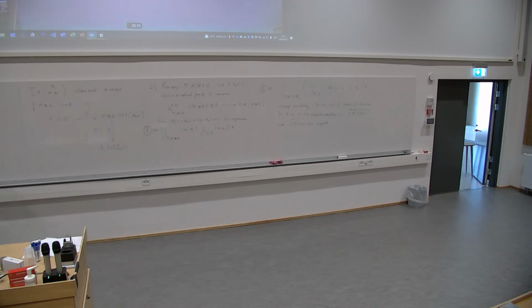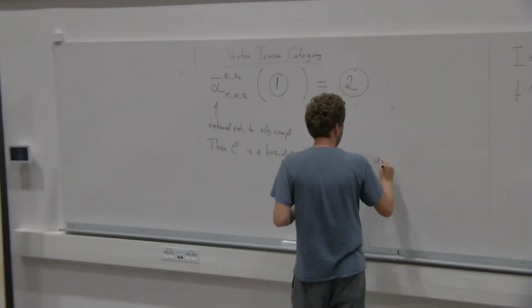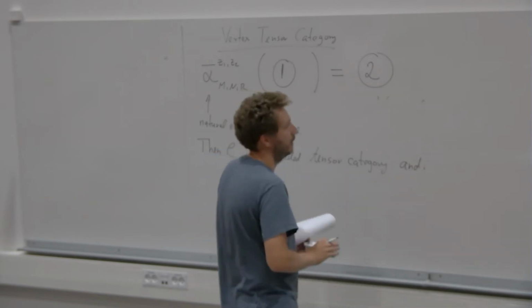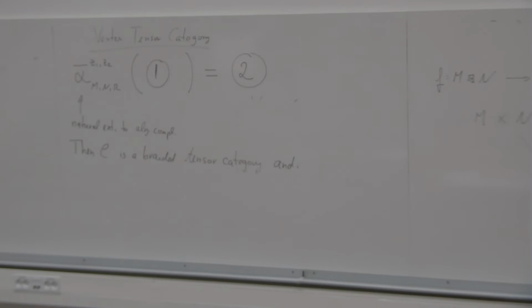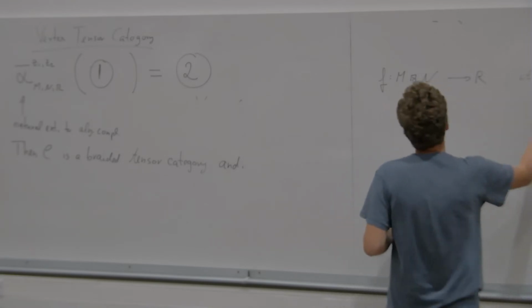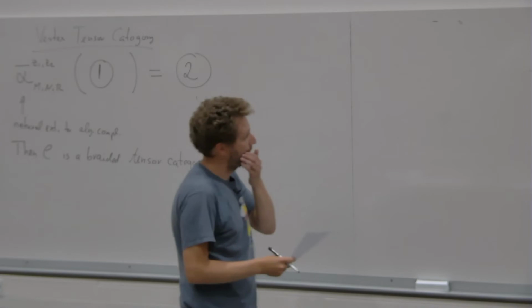And if we have a tensor category, what's the structural data of this tensor category? Let me give you a list, which we introduced this morning. A braided tensor category has a unit object. It has a commutator. It has an associator. It has a left multiplication by the identity.